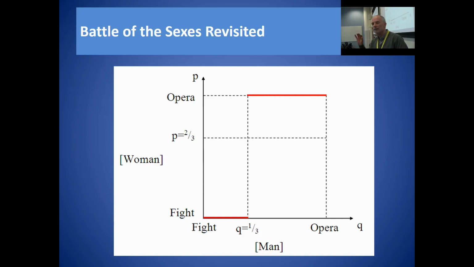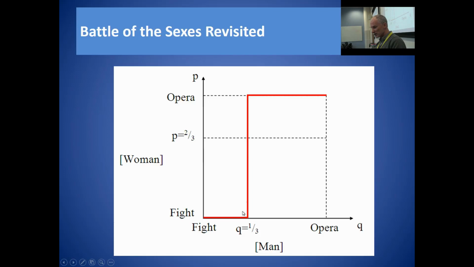And the last part, what would happen when Q was exactly equal to 1/3? Anywhere along there, what's the optimal strategy? Everything is optimal. The woman's indifferent. She could go to the opera, she could go to the prize fight, or she could adopt any other mixed strategy. They would all give exactly the same expected payoff. So everything is optimal. And therefore, that's the last part of her best response line.